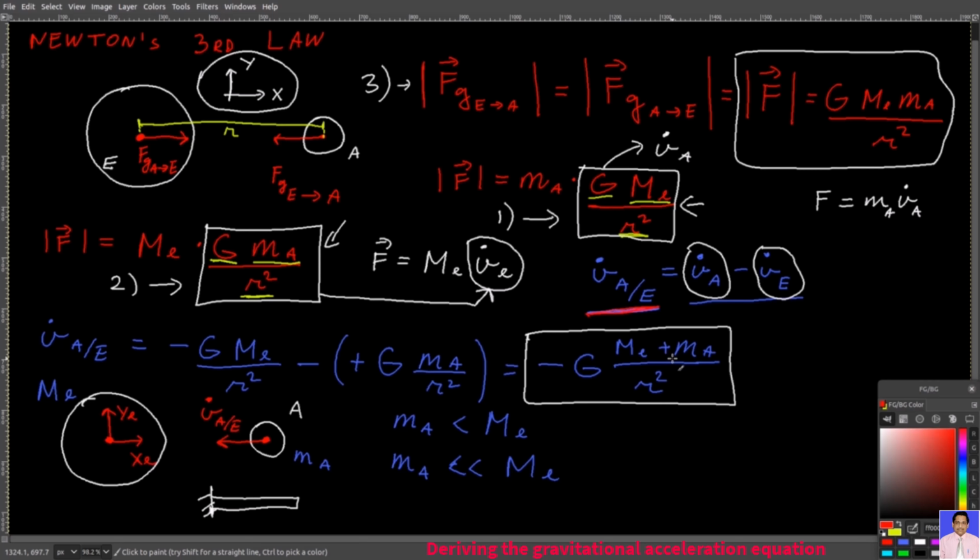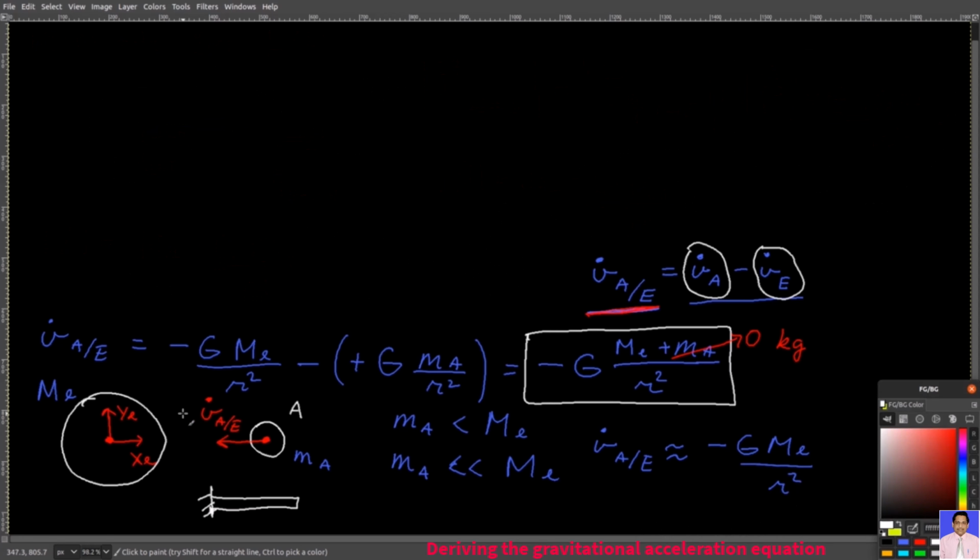We can just say that this m sub a is 0 kilograms, and that means that the acceleration of A relative to E is approximately minus g times the mass of the Earth divided by r squared.